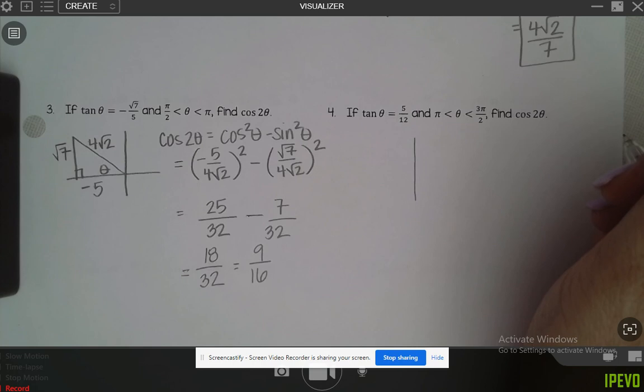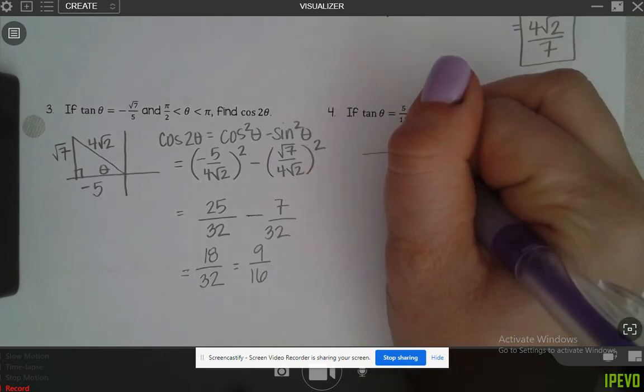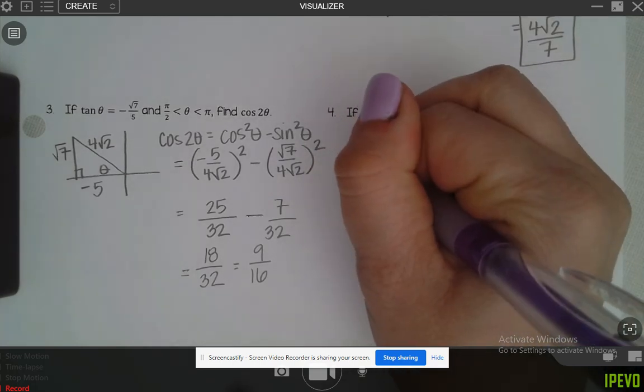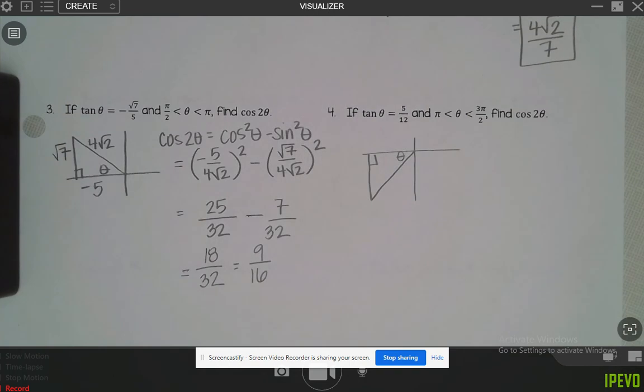It's the third quadrant. The third one, or 3 pi over 2 would be the 270. I don't know how to even explain this. It goes 0, pi over 2, pi, 3 pi over 2, 2 pi. You have a circle somewhere.